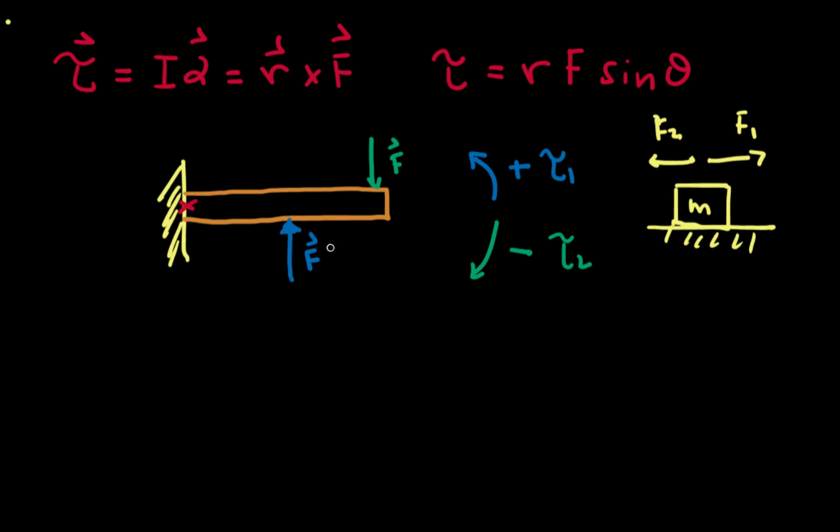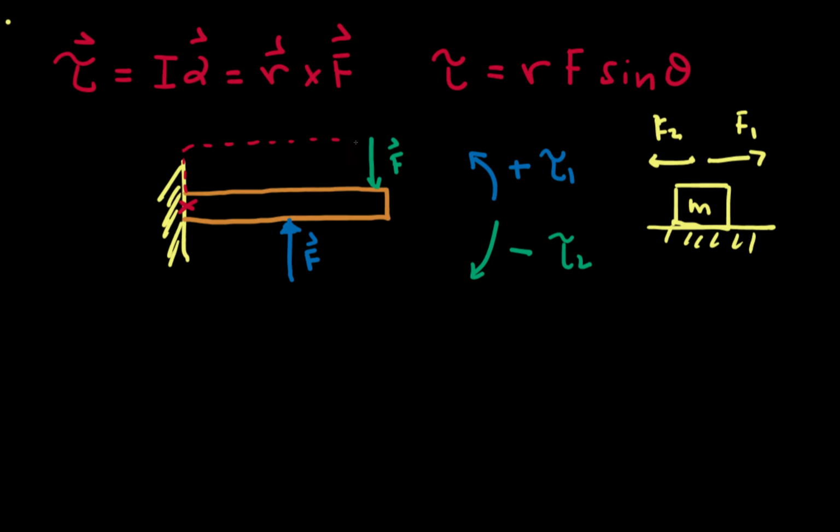In this case, if force blue is the same as force green, then the torque green here is greater, because remember, torque has this r, this distance term in here, okay?